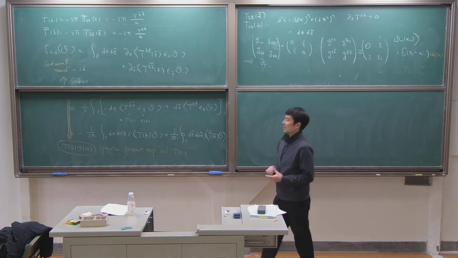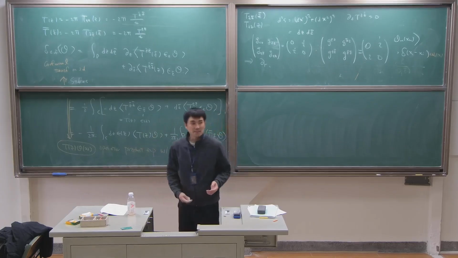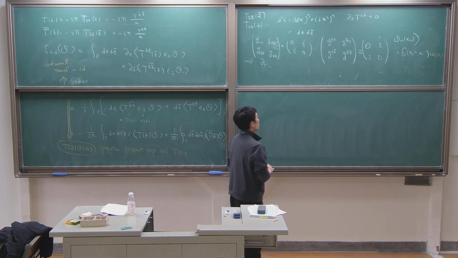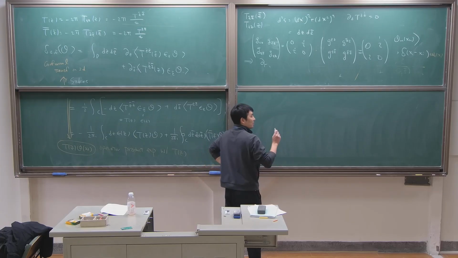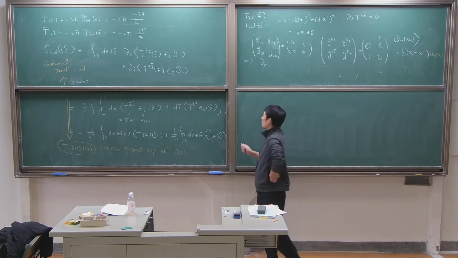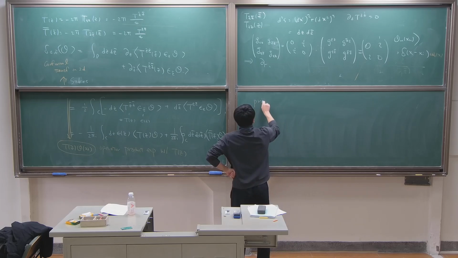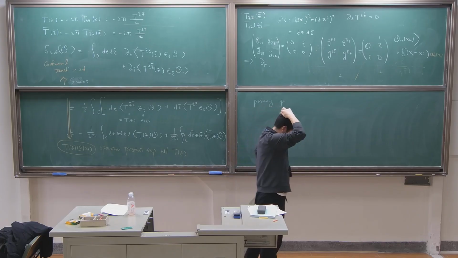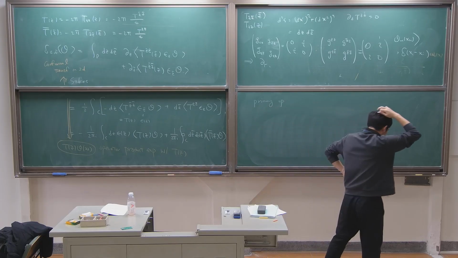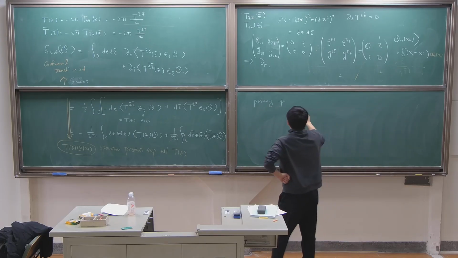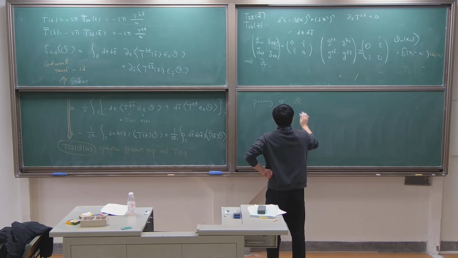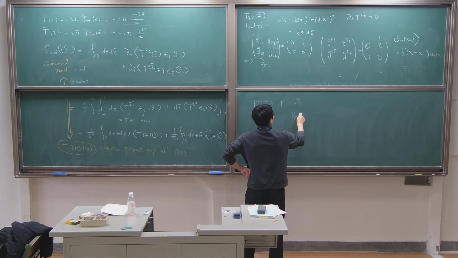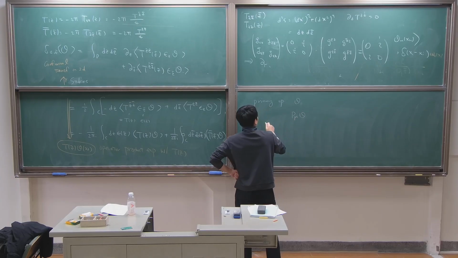The other thing is that we already did 3 lectures previously. What we learned is that there's something called a primary operator, O, and then we can define descendants by acting with P mu.